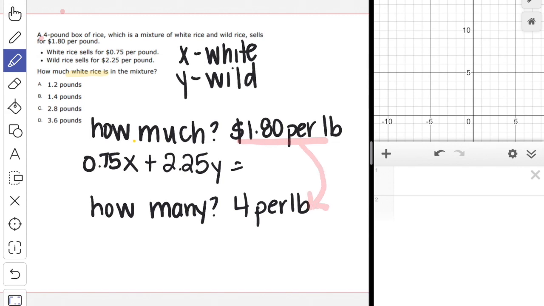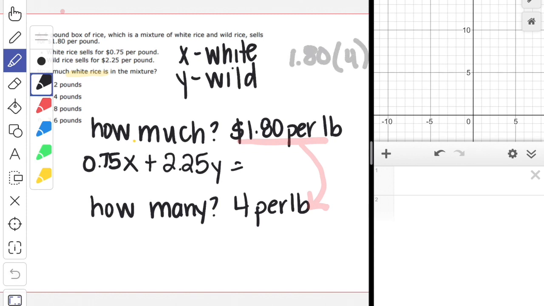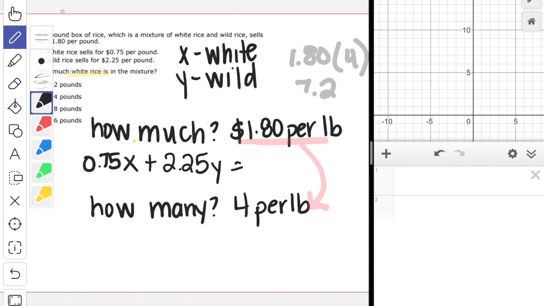So if I take my $1.80 and I multiply $1.80 times 4 pounds, that's going to give me a total of $7.20 that we're going to pay for that total amount.